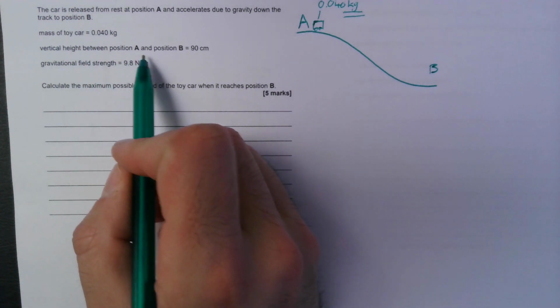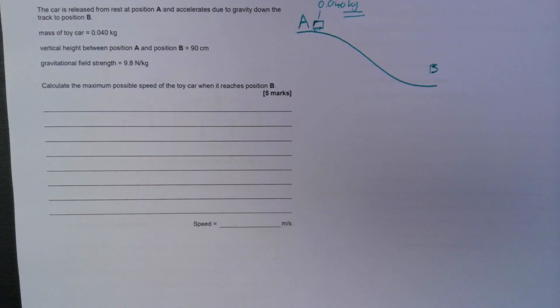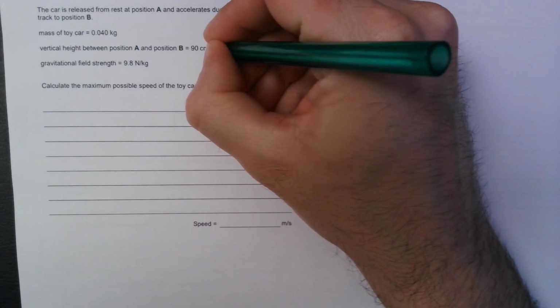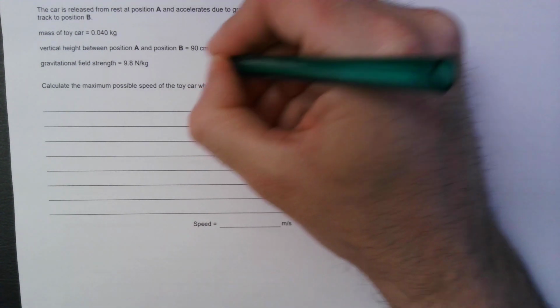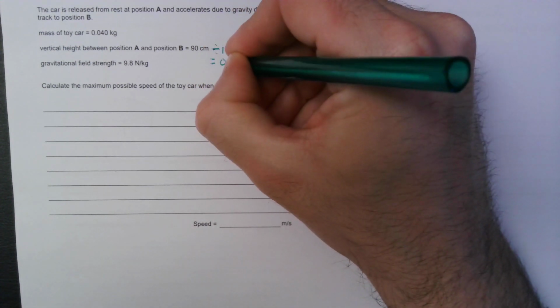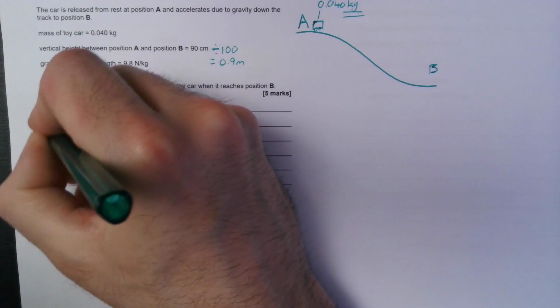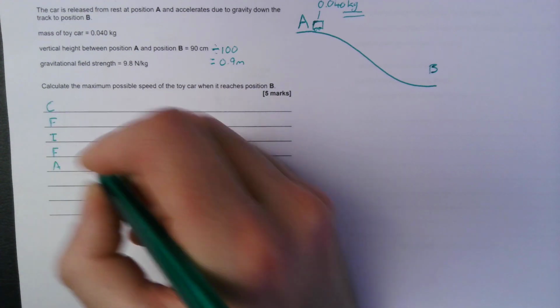The vertical height between position A and position B is 90 centimeters. So 90 centimeters is one of those ones. Centi means one hundredth. So to convert from centimeters to meters, you need to divide by 100, and that will give us 0.9 meters. So we need to remember that the height is 0.9.